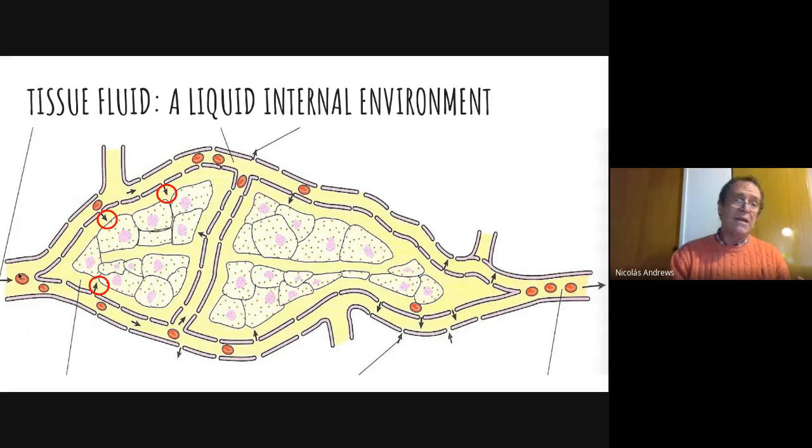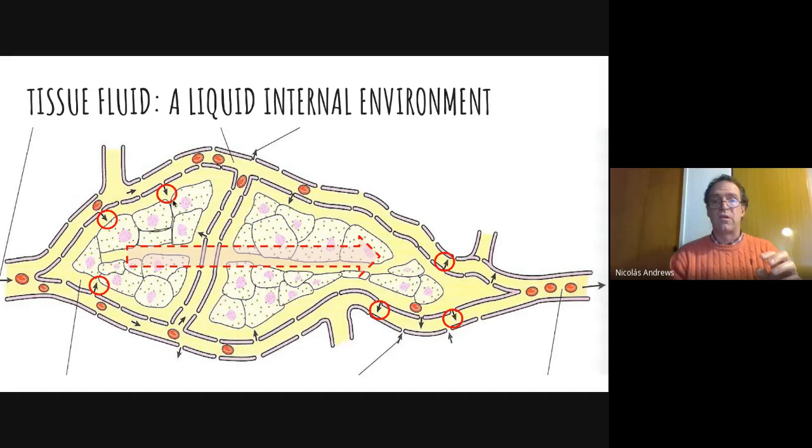So when the blood reaches the capillary network, some of this fluid, the one we mentioned before as tissue fluid, you can rewind a little bit and read which are the components, can escape from the blood, some of which will not be able to escape. Cells will not be able to escape, and the largest proteins will not be able to escape, and they will remain always in blood, but the rest of the components will be able to escape.